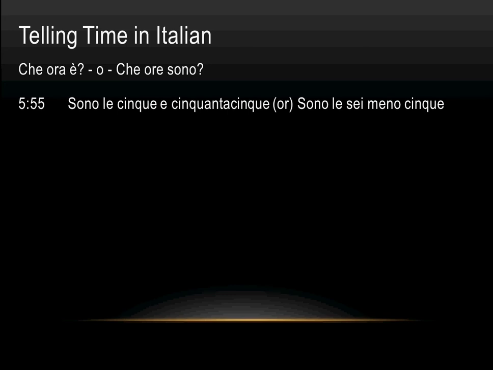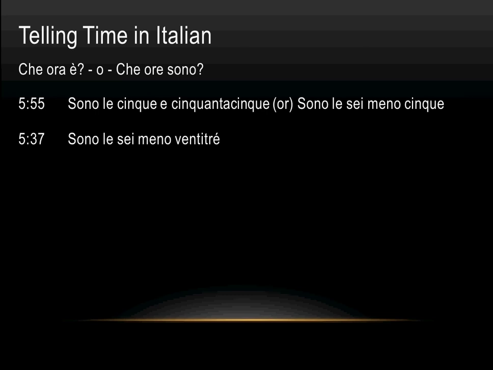Now, since we're giving examples of the minutes beyond the 30 mark after the hour expressed in this fashion, we're only going to be discussing the second option. So for 5:37, we would have sono le 6 meno 23, because 60 minus 37 leaves 23, meaning it's 23 minutes till 6.